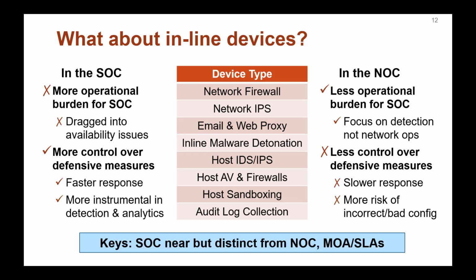First of all, regardless of the approach you take, the SOC should have other parts of IT operations, such as the NOC, on speed dial. It helps if they're organizationally or physically adjacent. And regardless of whether they are or are not, we should think about something written down to describe the service level agreements that they have to one another.